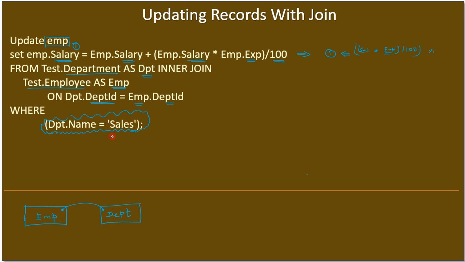But here, instead of using the id, we want to give the department name and perform the update, but department name doesn't exist on the employee table, so we perform a join and specify the where condition. Department name should be sales, and update salary for all those employees. So in the employee table, if there are multiple employees, only the employees who belong to the sales department will be picked and get updated, or their salary will get revised.